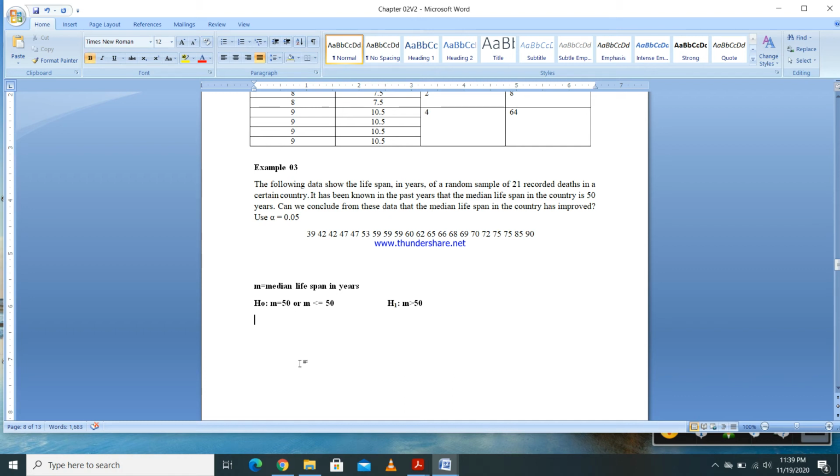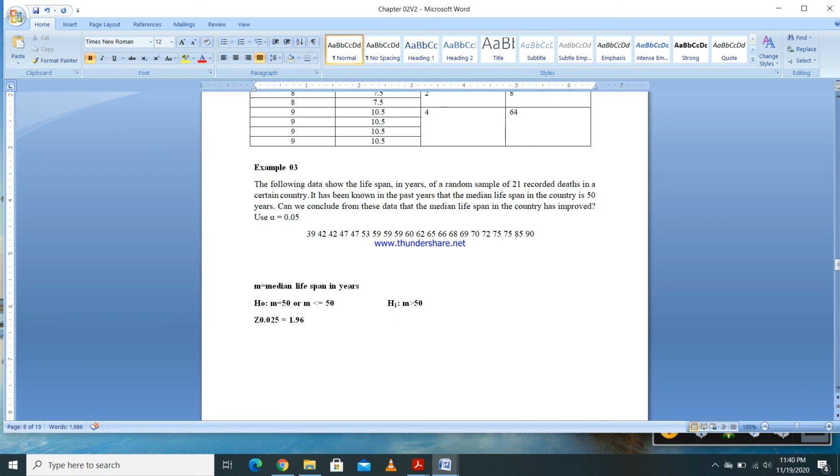So in that case we are interested in the Z value on our right hand side. If you take the Z value as Z 0.025, this would be equal to 1.96.